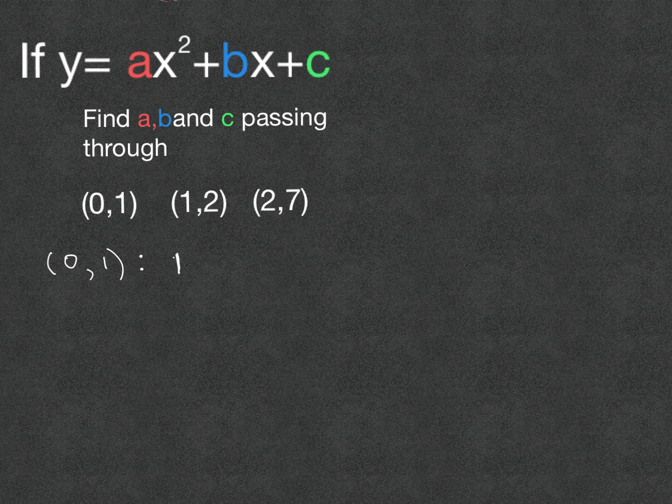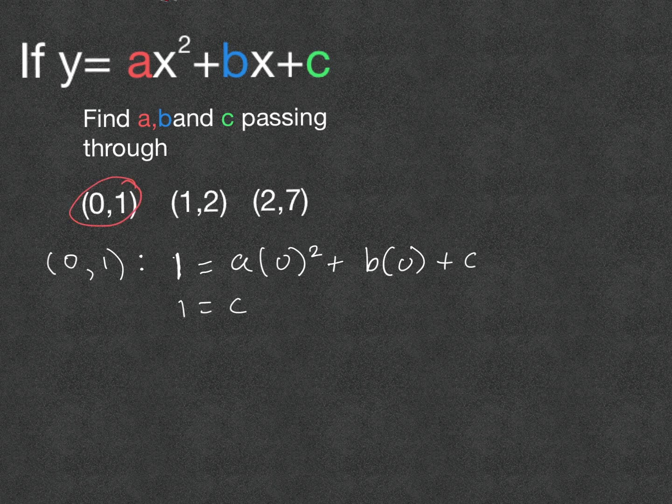Y is 1. That's going to equal a times 0 squared plus b times 0 plus c. So therefore, 1 is equal to c. Now, we have to remember that when you have (0, a number), that number is c because that's always the y-intercept. 1 is equal to c.